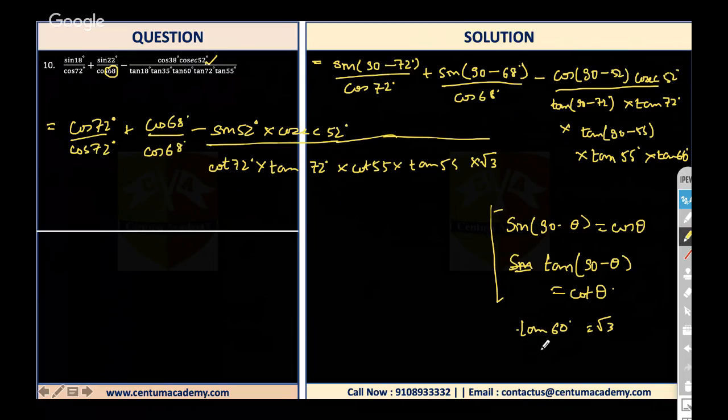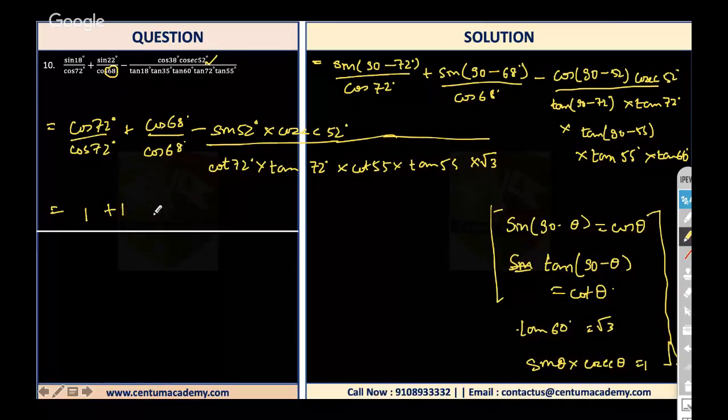And here, sine theta into cosecant theta is equal to 1. So this you mention on the right side of the answer script. 1 plus 1 minus sine into this cosec is 1 divided by root 3, 1 by root 3.